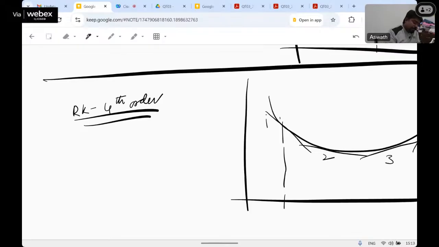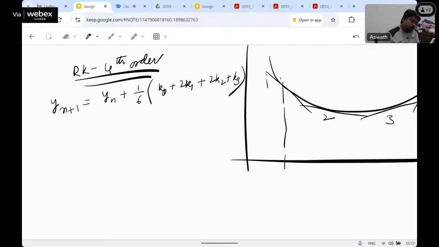What it says is the new solution would be equal to the old solution plus the average of K0, K1, K2, K3, or you can say K1, K2, K3, K4, it doesn't matter. Where K0 is simply delta T times the slope at the old point.